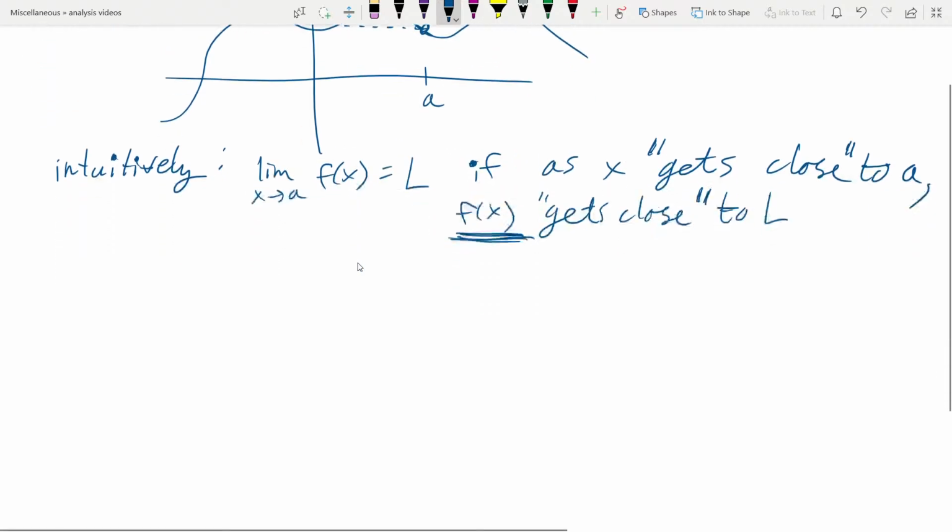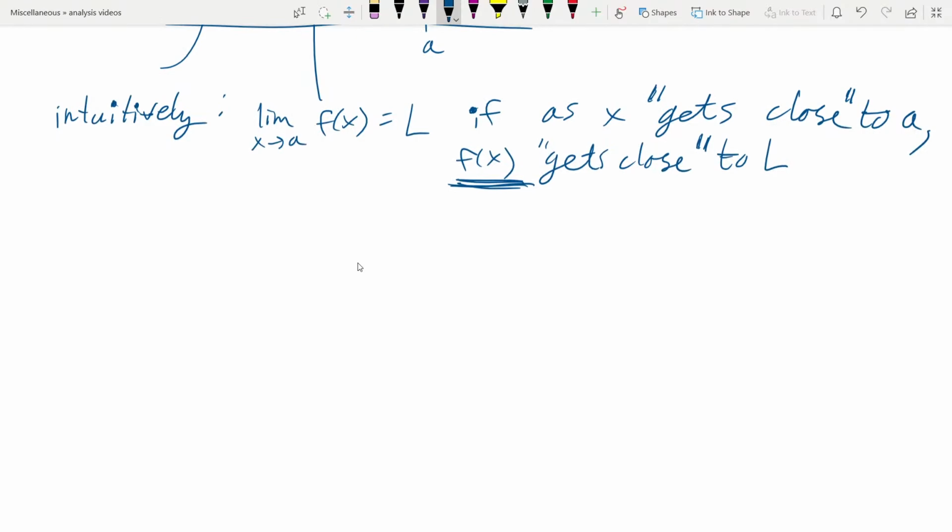So the rigorous definition of the limit is as follows.